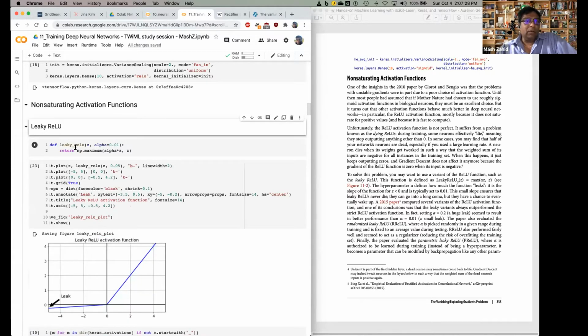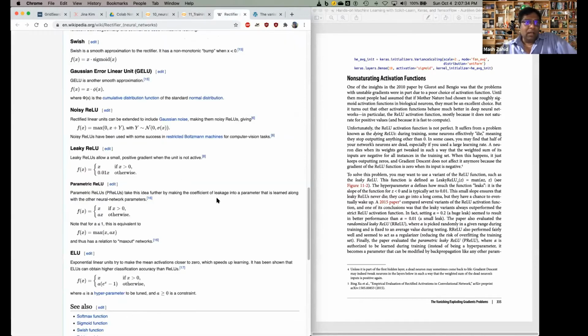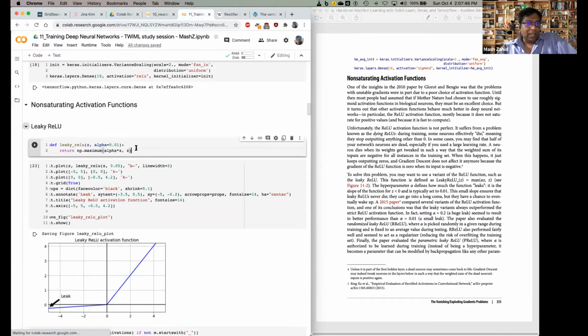So here's the Leaky ReLU. I found this interesting one on Wikipedia, of course, you gotta love Wikipedia. Here's the equation for Leaky ReLU. What this does is it forces the function not to precisely go to 0. So let's do that where it chooses between the two.